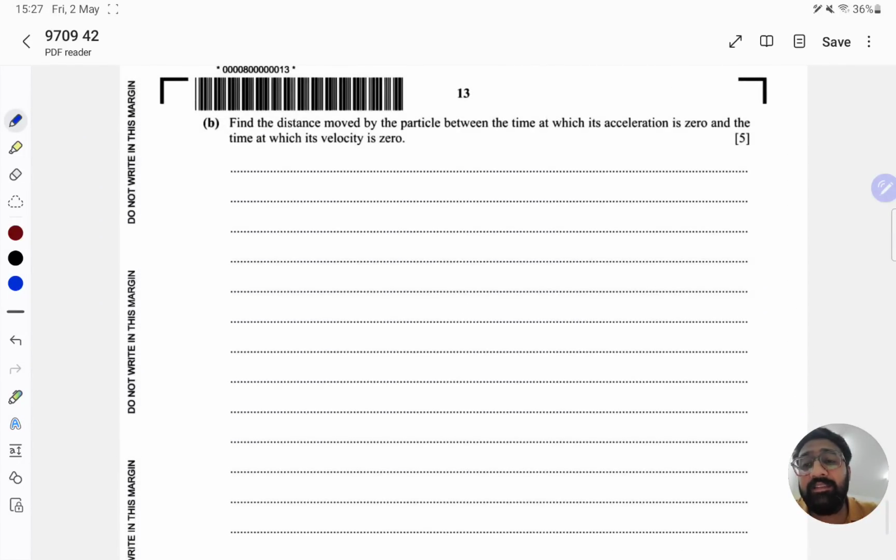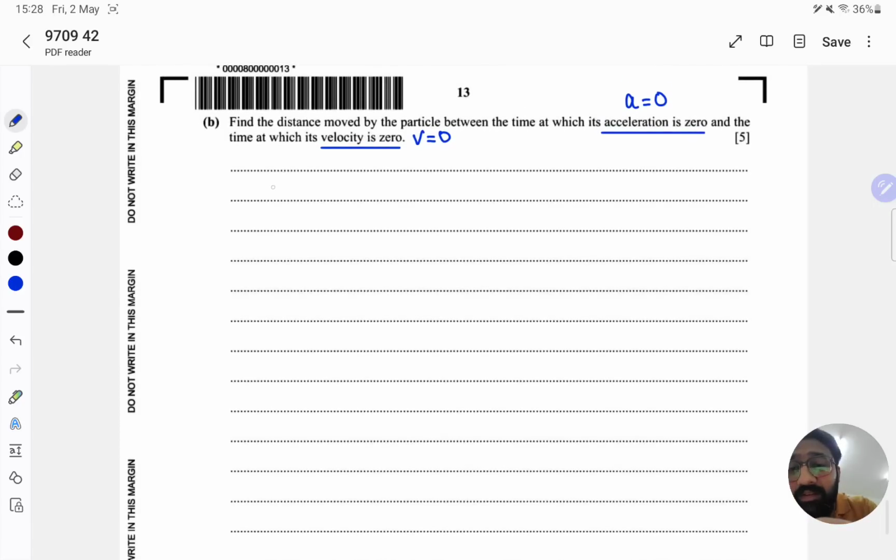The last part says to find the distance moved by the particle between the time at which the acceleration is 0 and the time at which the velocity is 0. So we need to find the distance that the object has covered during these two situations.